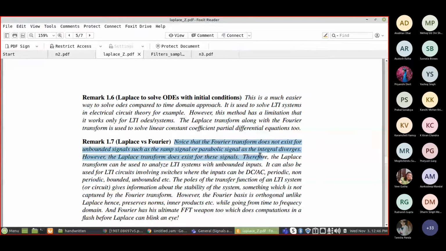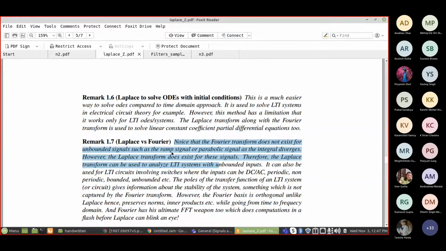Laplace says that it is more general than Fourier, because all that Fourier can do, Laplace says I can do, but I can do better. Laplace can handle ramp signals or parabolic signals, which cannot be handled by Fourier because these are unbounded and the Fourier integral diverges because the signals themselves diverge.